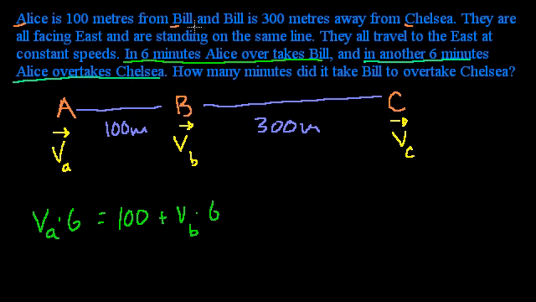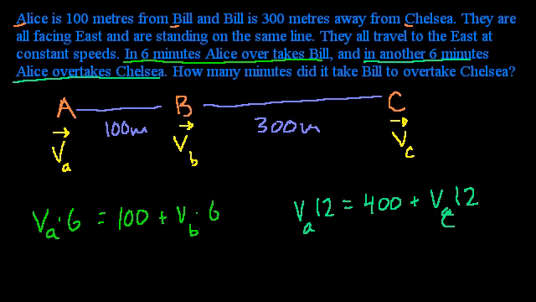So we could write that as the distance that Alice travels in 12 minutes is equal to, well, if she has to overtake Chelsea, that means she made up 400 meters of distance, so she traveled 400 more meters than the distance that Chelsea travels in 12 minutes. And remember, distance is just equal to rate times time, right? So in 12 minutes, this is how far Chelsea travels, that's a C, and this is how far Alice travels, and she's going to travel 400 meters more. Okay, that's what those two equations tell us.